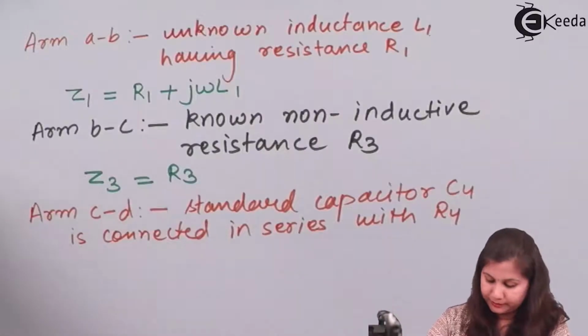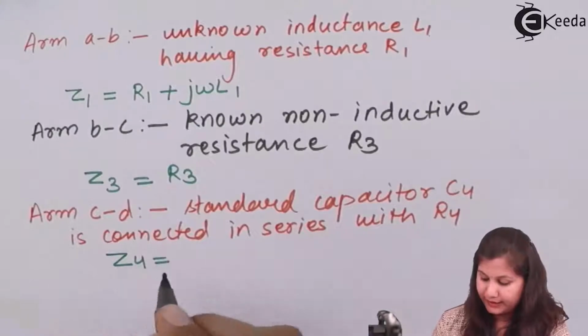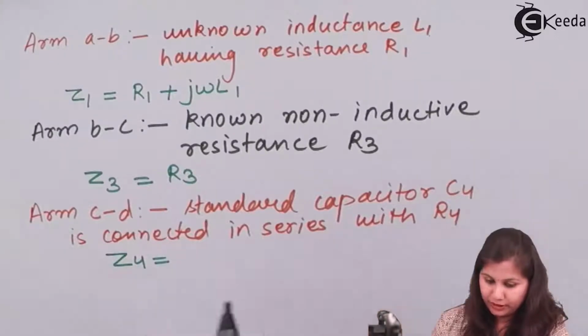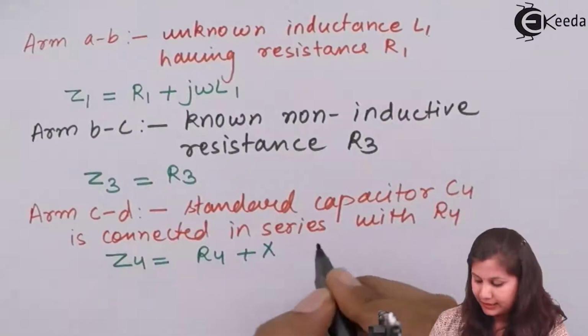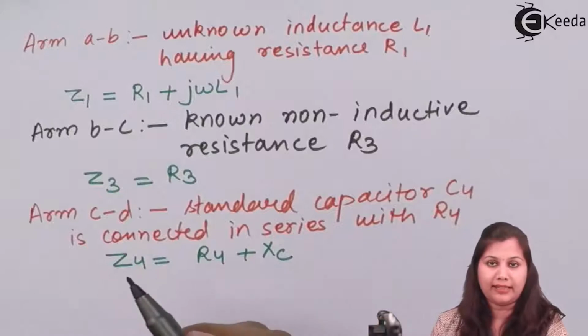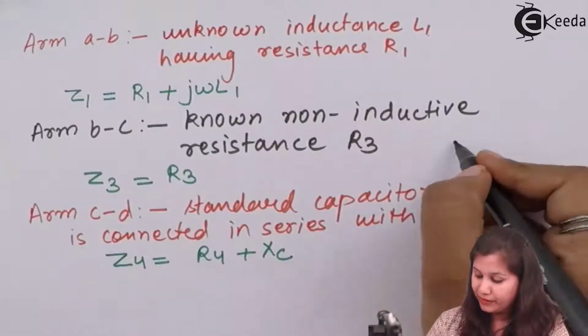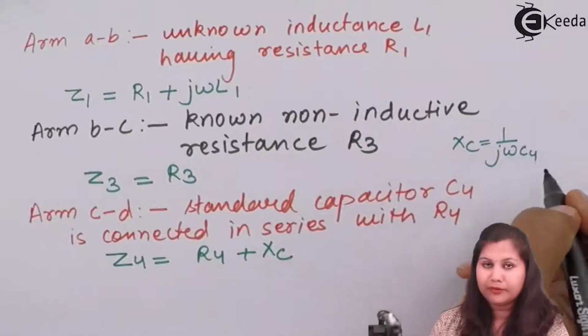So the impedance Z4 is the series combination of both these: R4 plus XC. XC is the capacitive reactance. So what is the value of XC? 1 upon J omega C4.